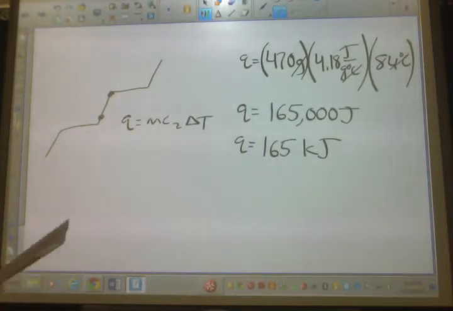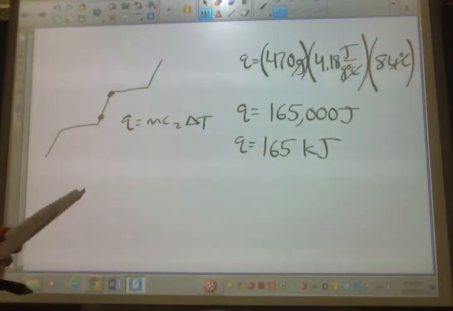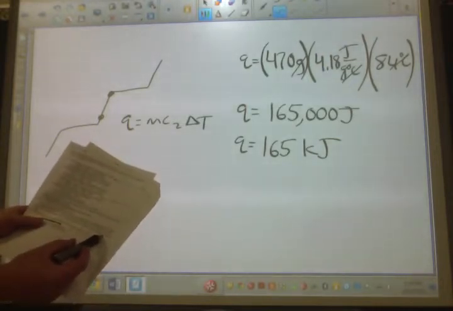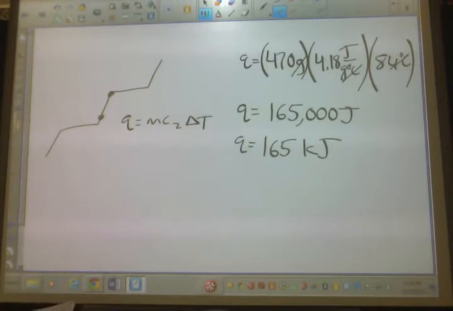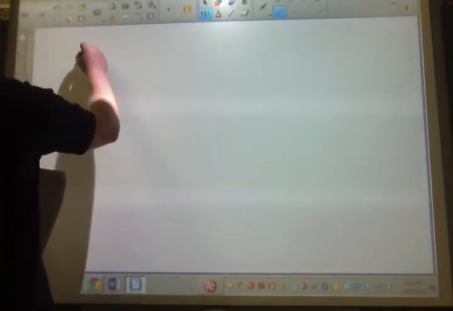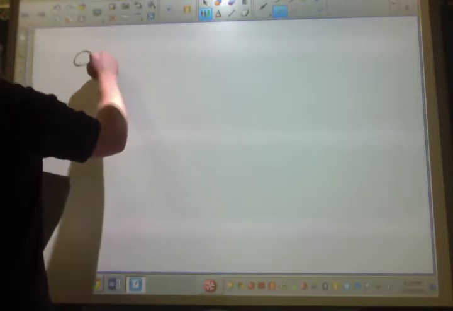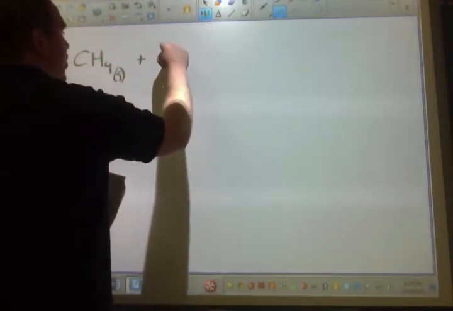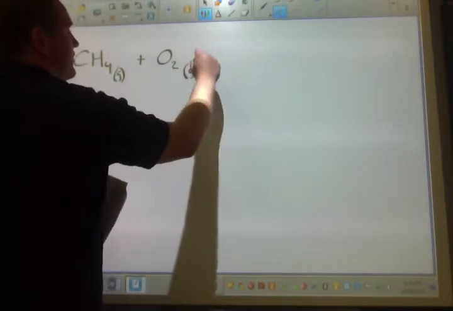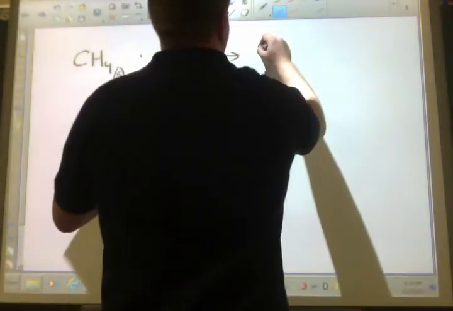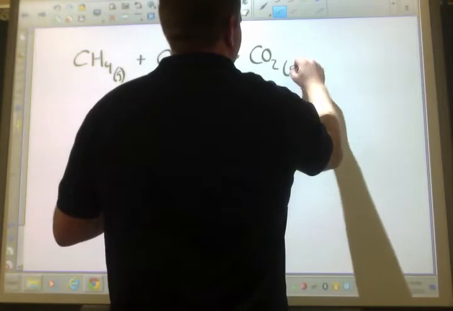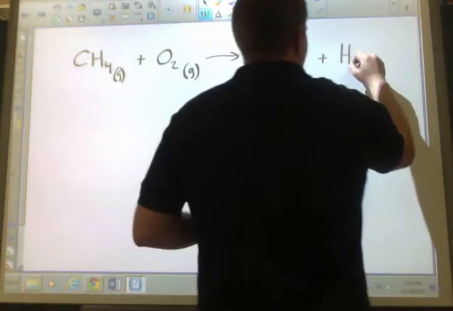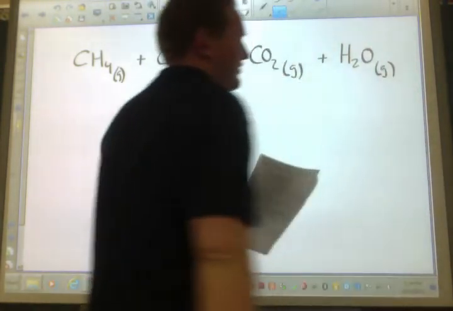We're going to do that, according to the problem, by burning CH4, or methane. Well, the burning of methane, let's write the equation out. When you burn methane or combust it, CH4, which is a gas, plus O2, gas, yields CO2, gas, plus H2O, gas.